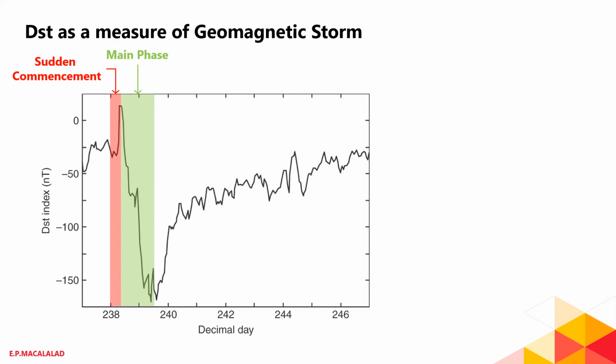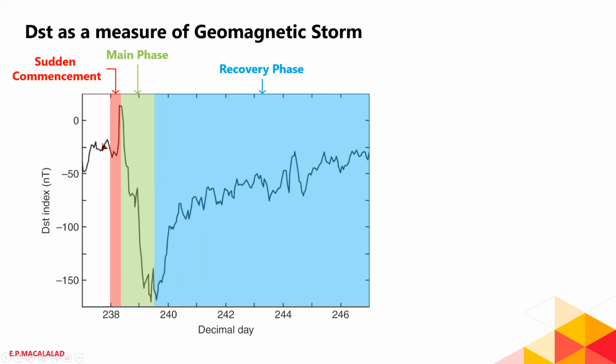Okay, so the main phase ends when the lowest magnetic field measured by the DST index is reached. Afterwards, the storm essentially ends, and the recovery phase begins. The recovery phase is a slow process of returning to baseline measures.